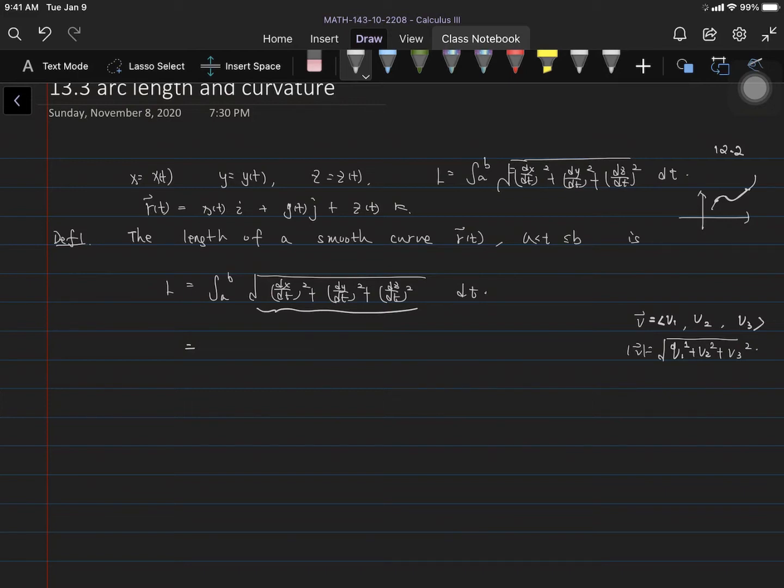If we have r equals x(t), y(t), z(t), what is r prime? Or what is dr/dt? They're the same thing, just different notation. So let's use the same notation here, which is dx/dt, dy/dt, dz/dt.